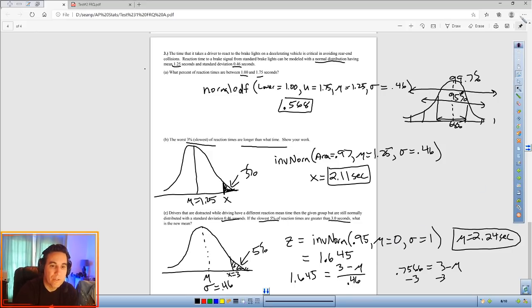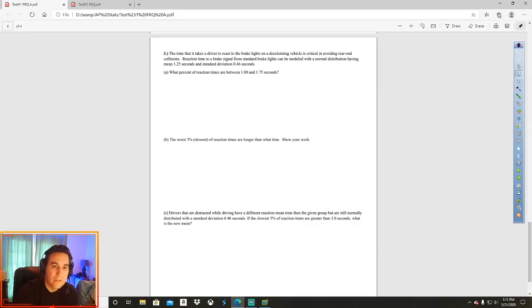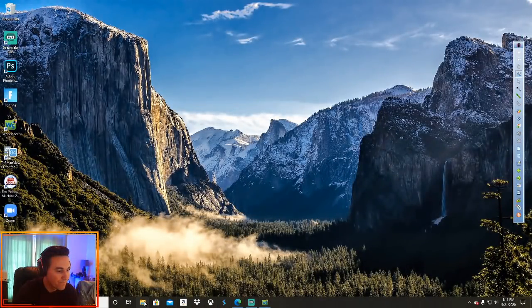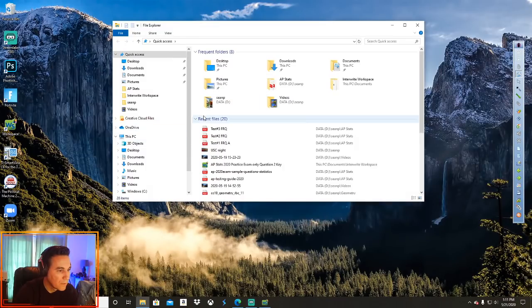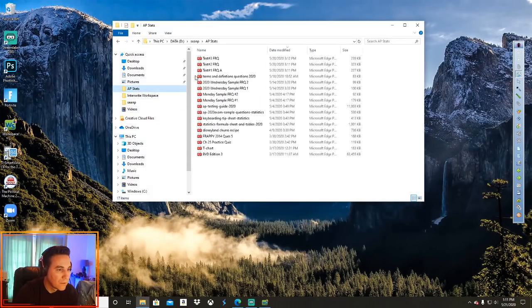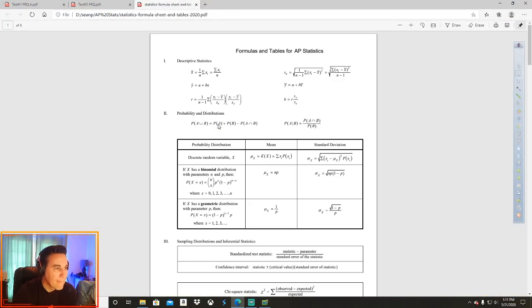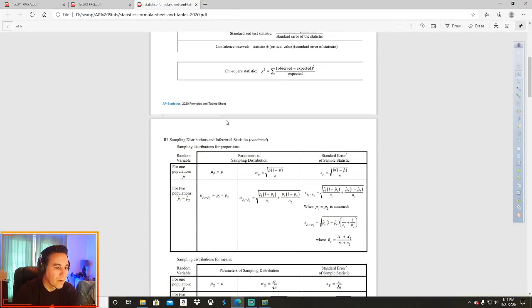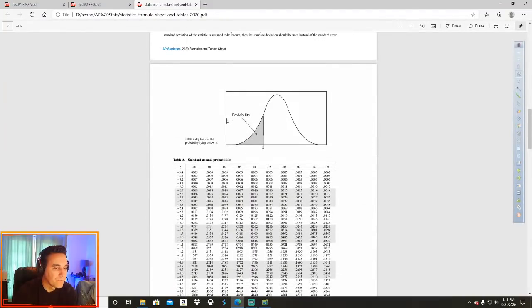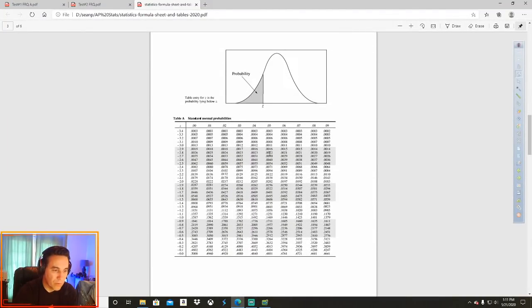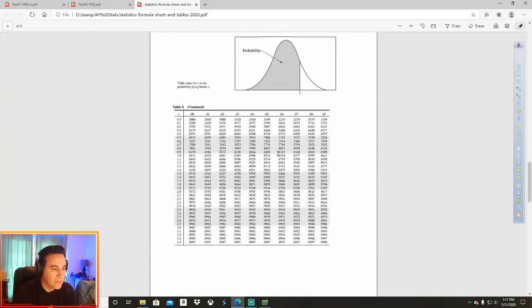The table that I really need you guys to have is this table. This one's not as important because most of you are going to use your normal CDF on your calculator, so that one's not a big deal.